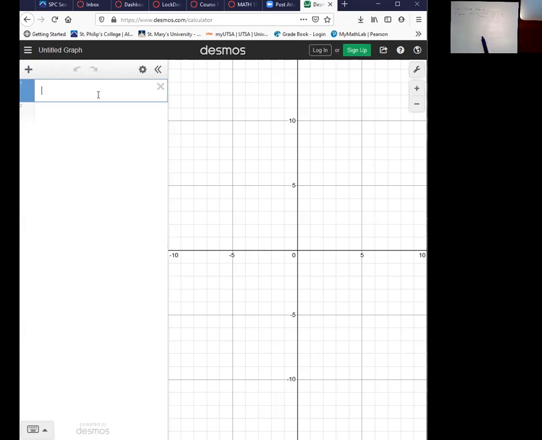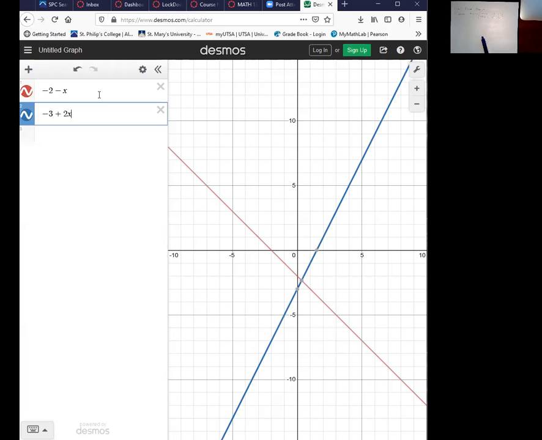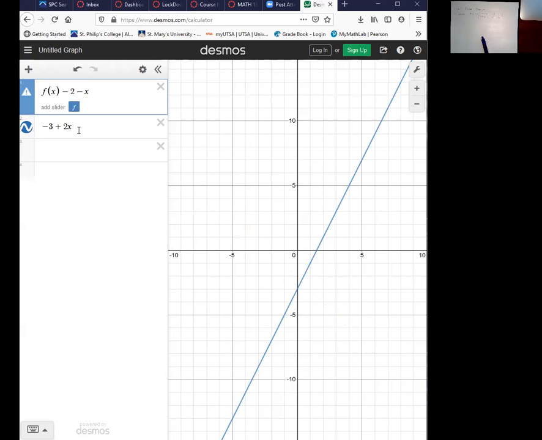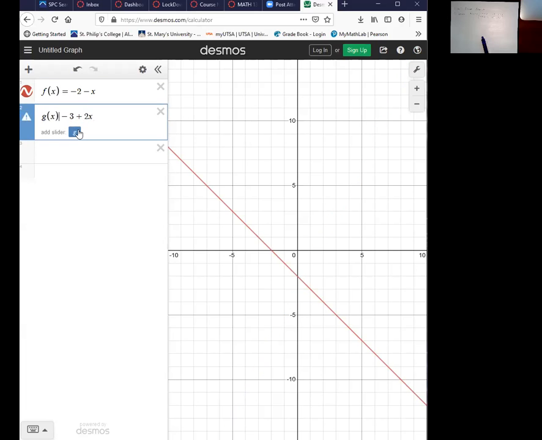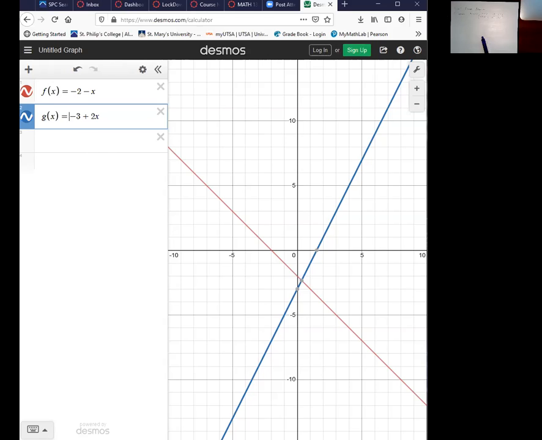All right, so -2 minus x is the first one. Second one is -3 plus 2x. And we'll call these both, call this f of x, I guess, just to keep them different. Now, if you look at the problem I wrote down, it says x is less than or equal to 1.